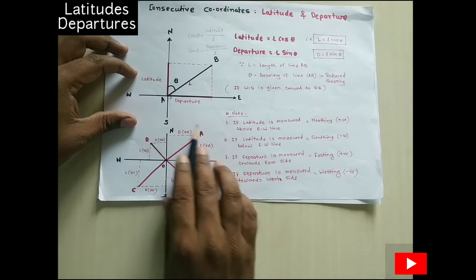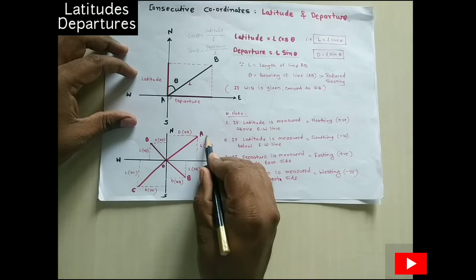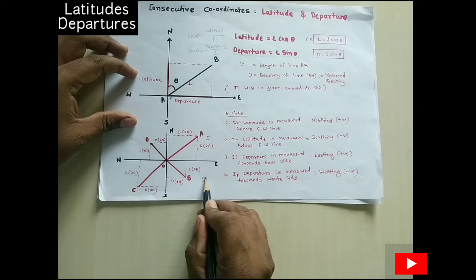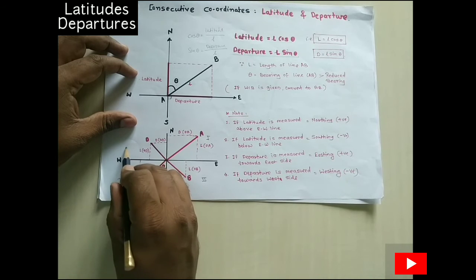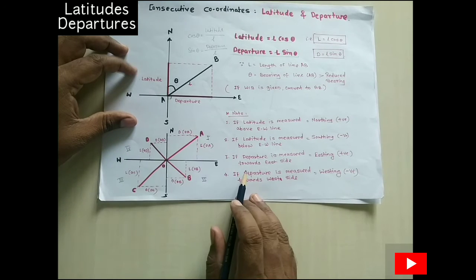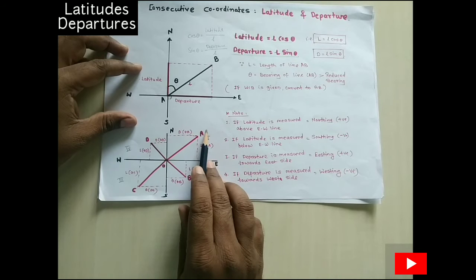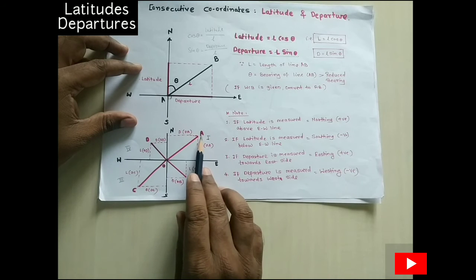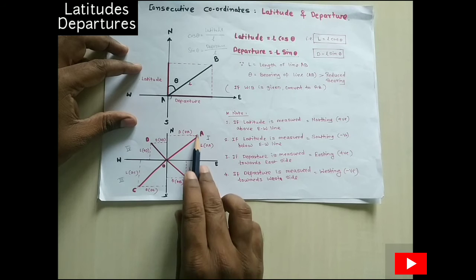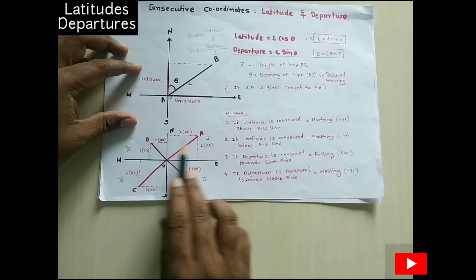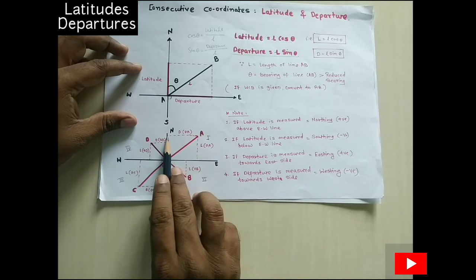Here we can see the first quadrant, this is the second quadrant, this is the third quadrant, and this is the fourth quadrant. What is the latitude? Latitude is a vertical line, parallel to the north south direction, and the departure of that line is the horizontal line.